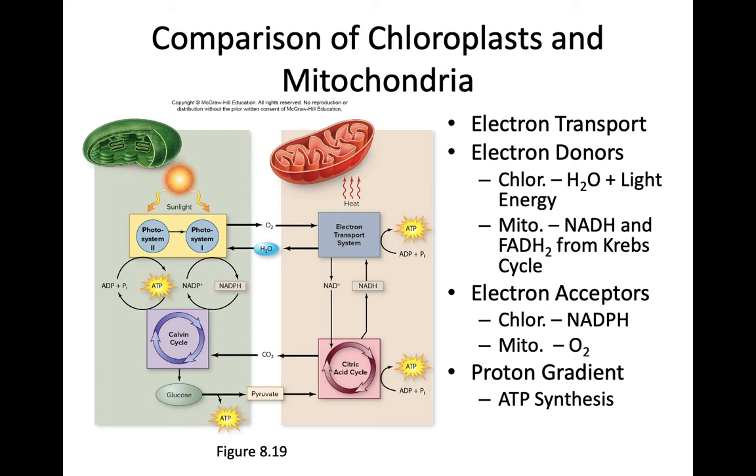Both will contain electron transport chains, but the source of the energized electrons is going to be different for them. In chloroplasts, water will be split to provide the electrons, which will then be energized using light energy. And then in mitochondria, NADH and FADH2 will be the source of higher energy electrons, which will be formed in the process of the Krebs cycle.